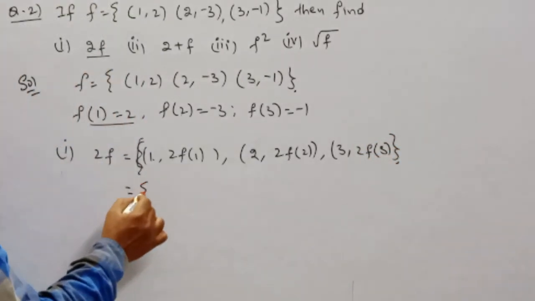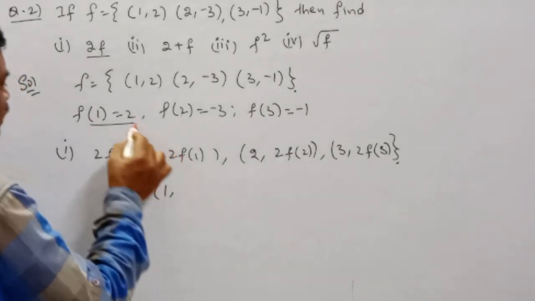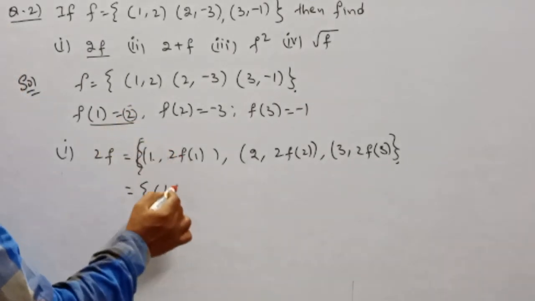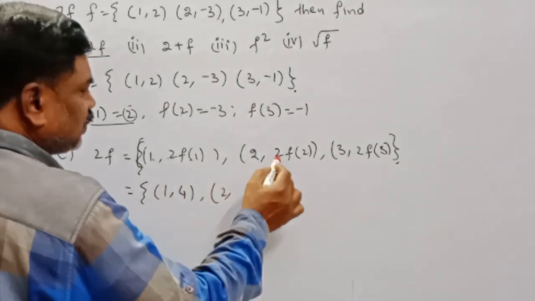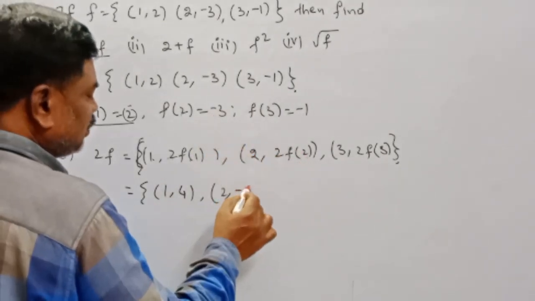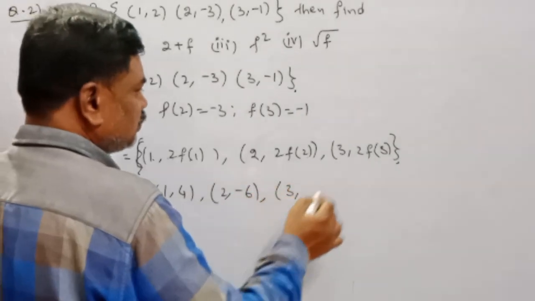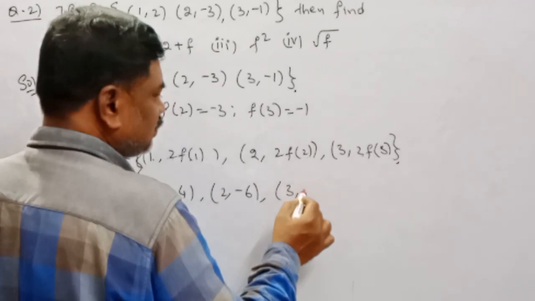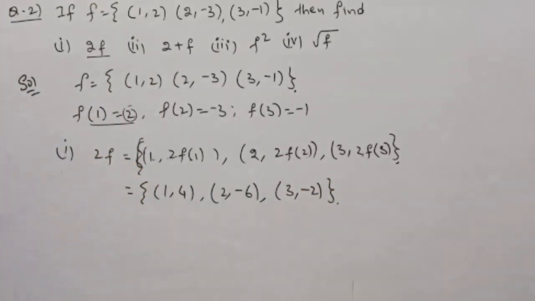So this is equal to the set of ordered pairs (1, 2 into f of 1, which is 2 into 2, 4), (2, 2 into minus 3, minus 6), (3, 2 into minus 1, minus 2). This is the 2f.